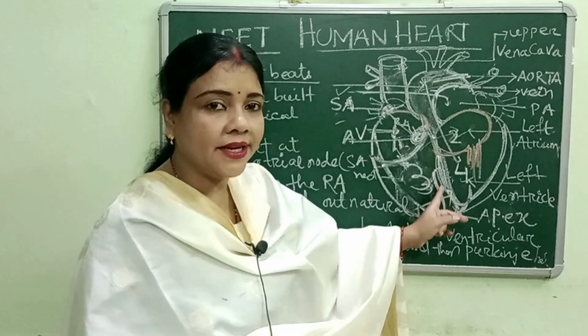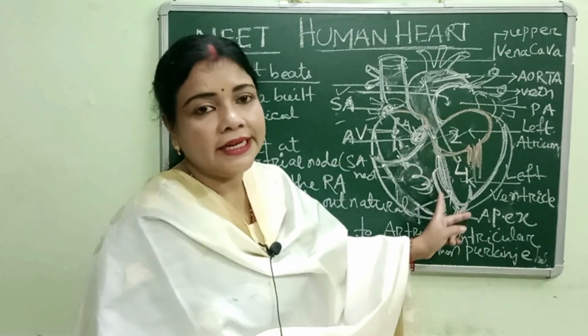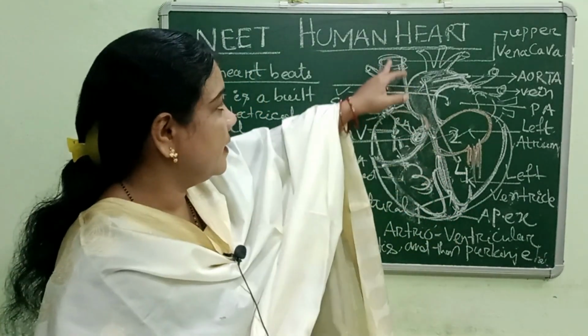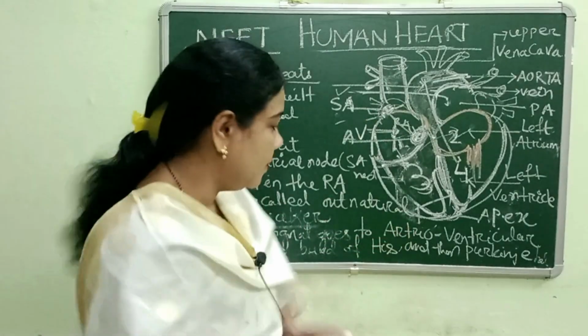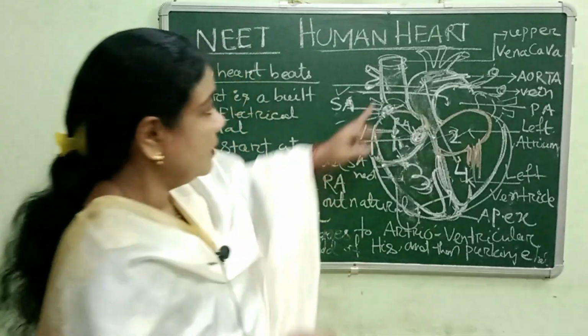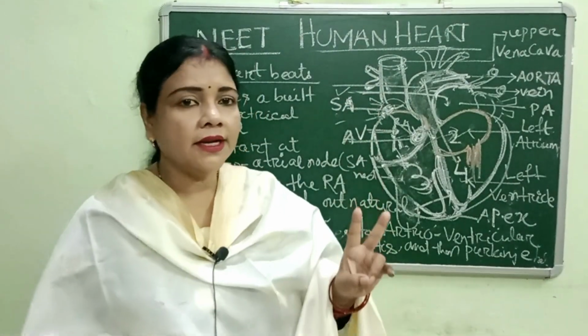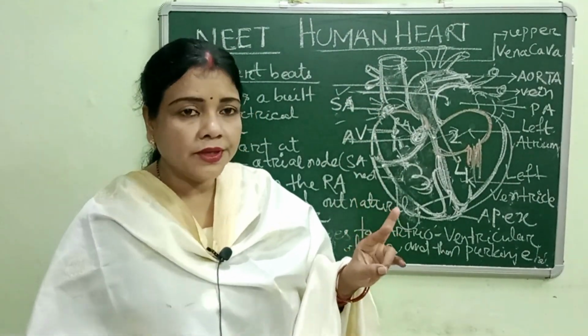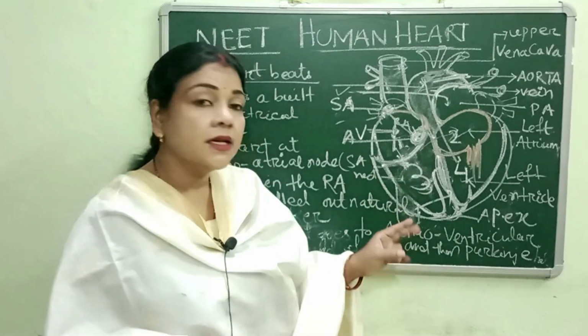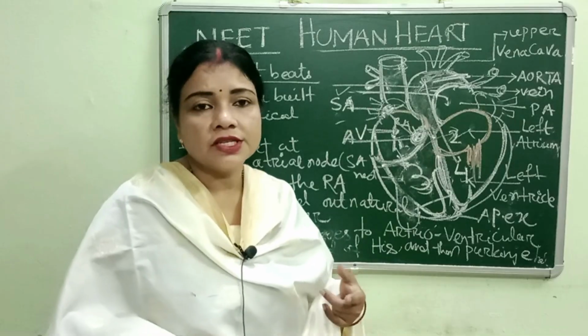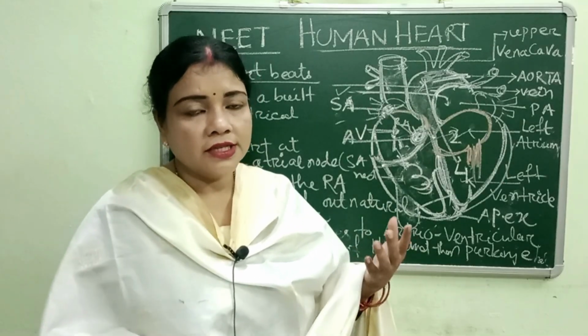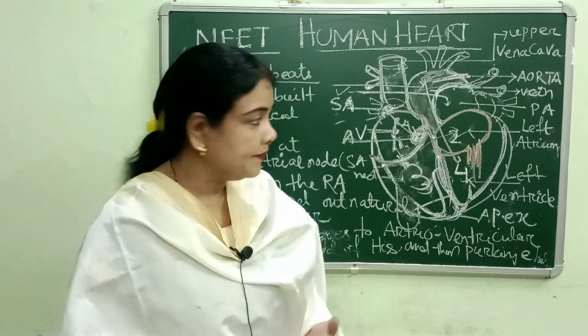In the next class I will tell about this. I will go in detail. Okay. Then big vessels are there known as the vena cava. The vena cava is divided into two parts, superior vena cava and inferior vena cava. This vena cava brings the deoxygenated or poor oxygen content blood from our body.